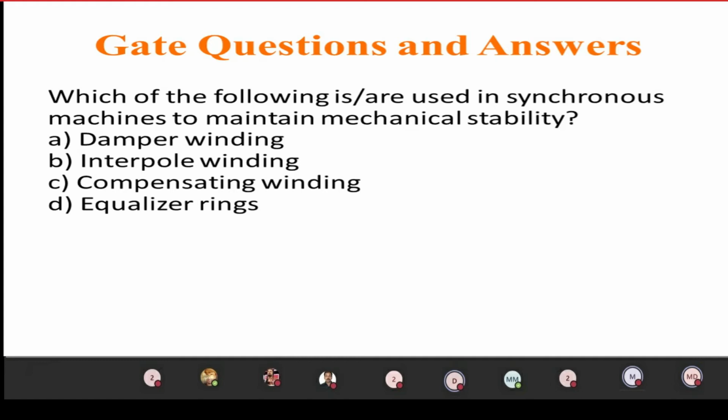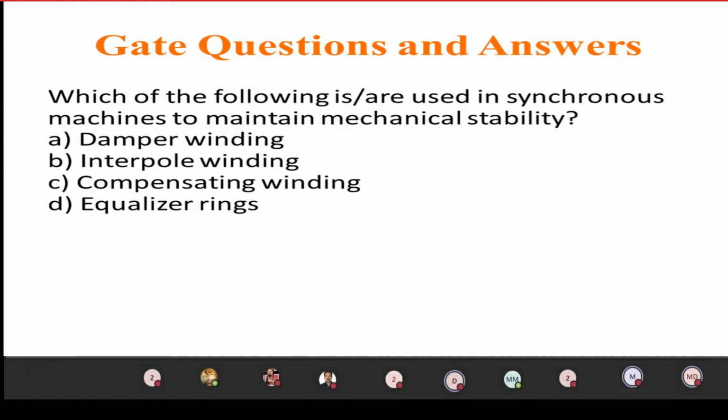Mechanical stability means there is no oscillation in the speed. Equalizer ring, compensating winding and interpole winding do not serve the purpose of mechanical stability; they are used in the electrical field, not the mechanical field. The purpose of damper winding is to reduce the hunting effect.